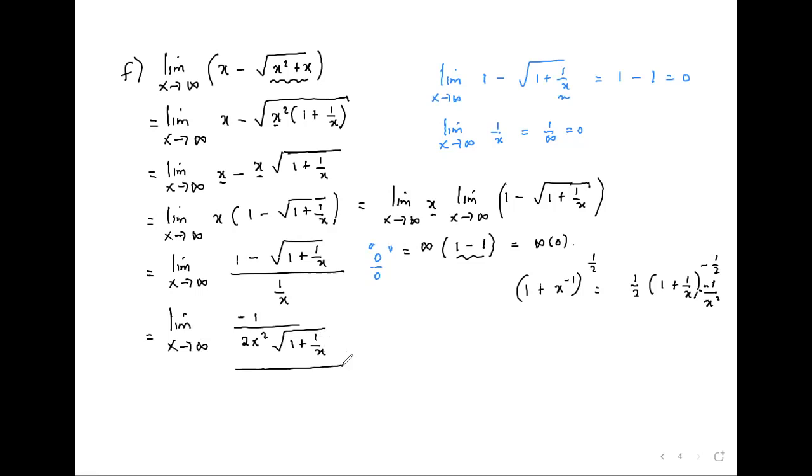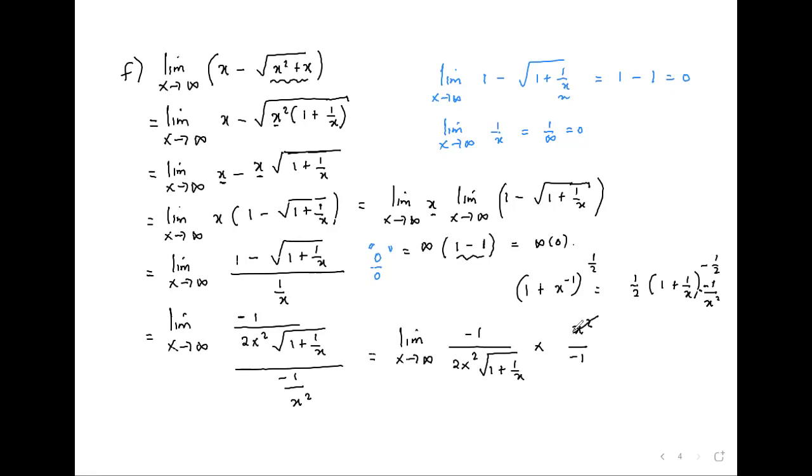And then over, here we are getting negative 1 over x squared, which we can write as the limit as x goes to infinity of negative 1 over 2x squared, the root of 1 plus 1 over x, multiplied by x squared over negative 1, since they are fractions.